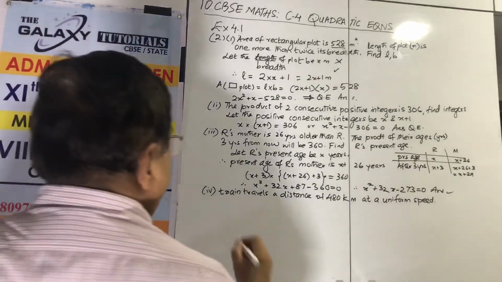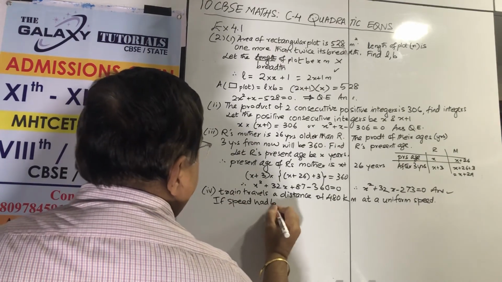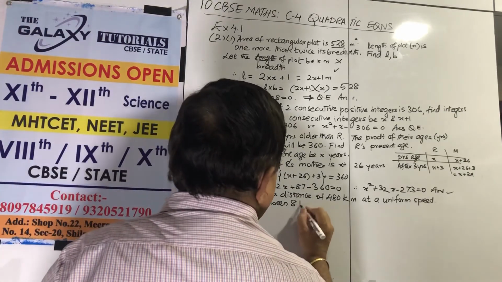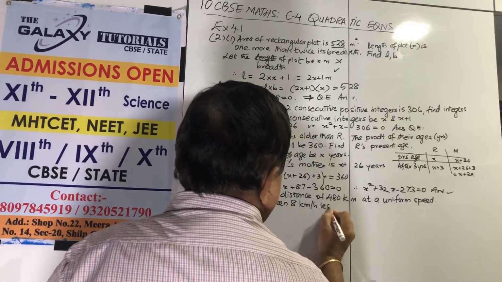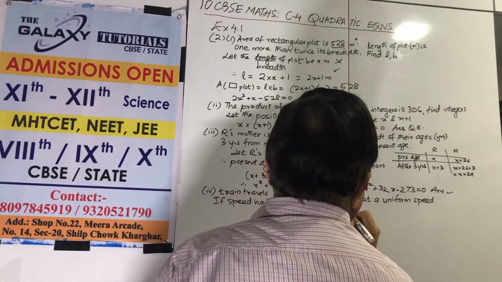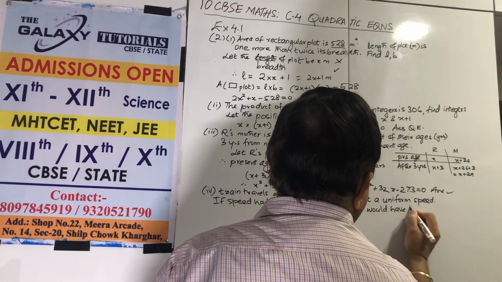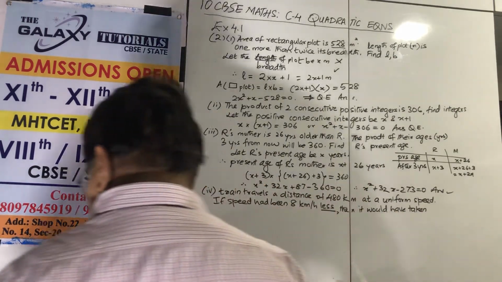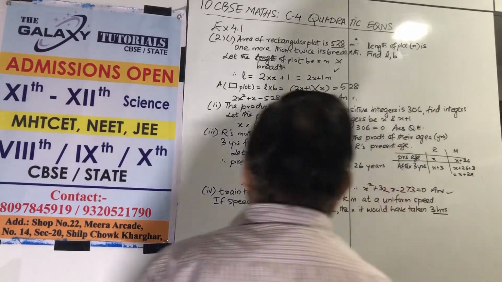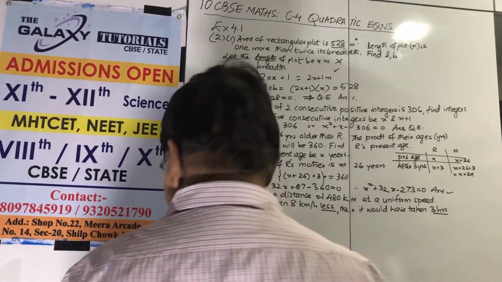If the speed had been 8 kilometers per hour less, then it would have taken 3 hours more to cover the same distance.